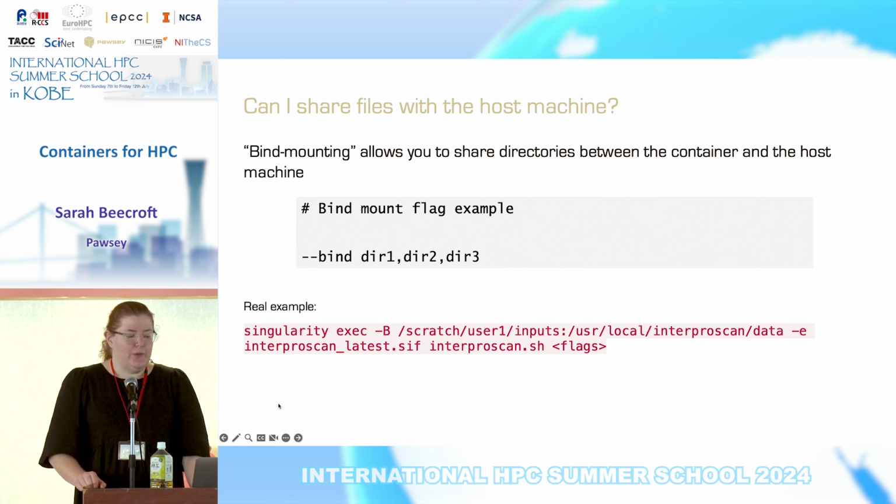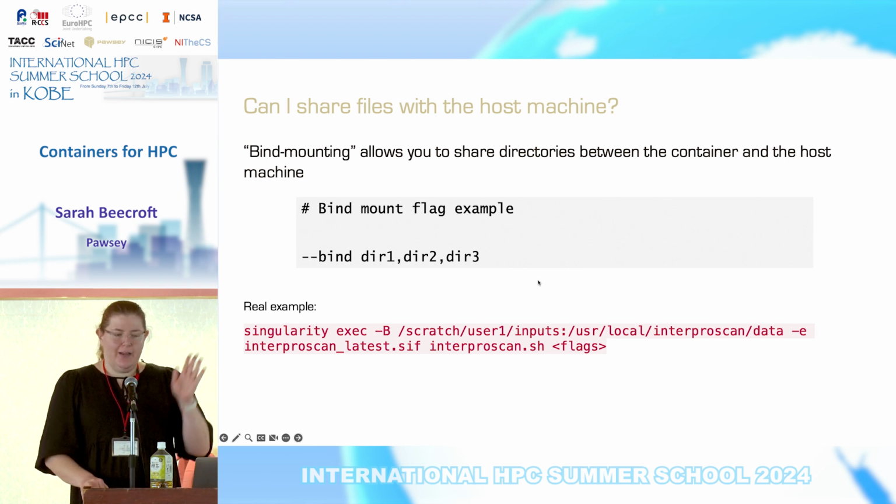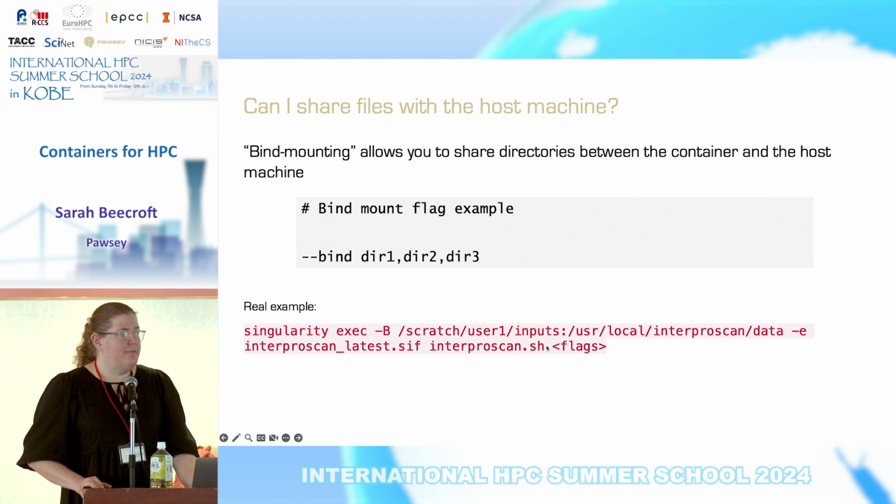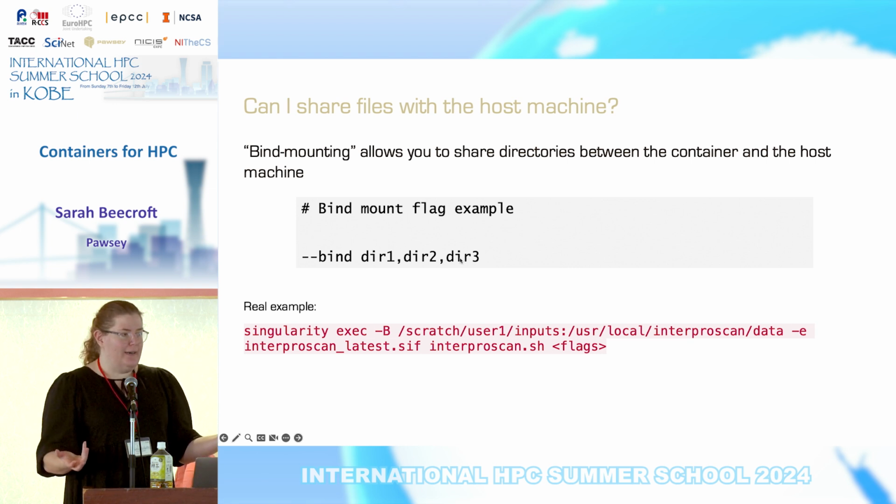You can make sure that Singularity can read and write to these directories that you need by bind mounting them. You're basically saying, Singularity, I want you to read and write from these particular directories. In this case, you can simply make them available, so dir1, dir2, dir3 will just be available to the container.